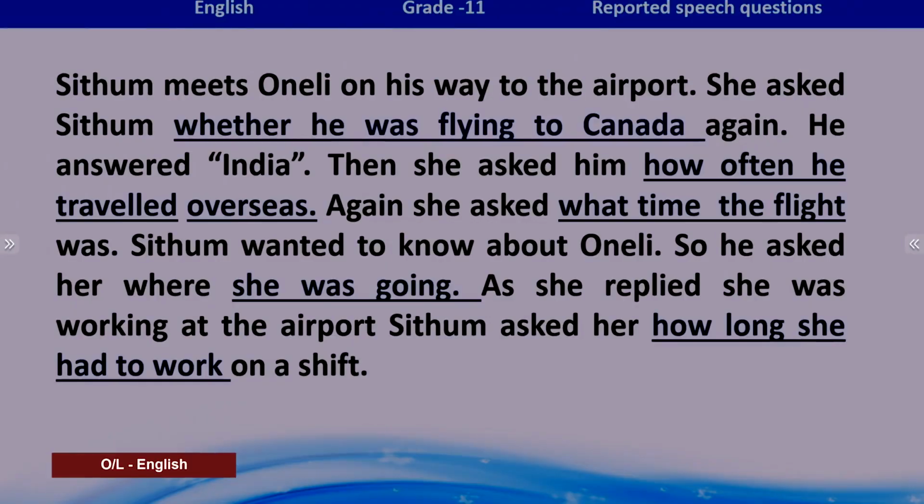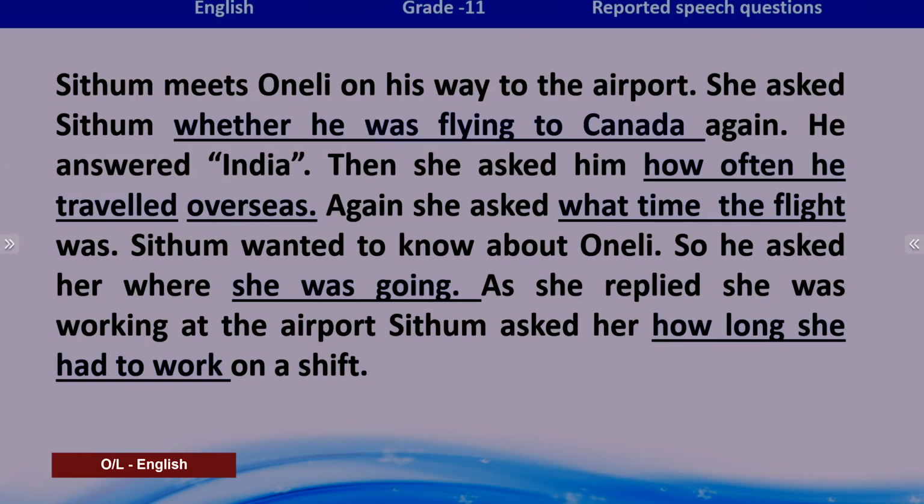Let's see your answers. Situm meets Oneli on his way to the airport. She asked Situm whether he was flying to Canada again. He answered India. Then she asked him how often he travelled overseas. Again she asked what time the flight was.